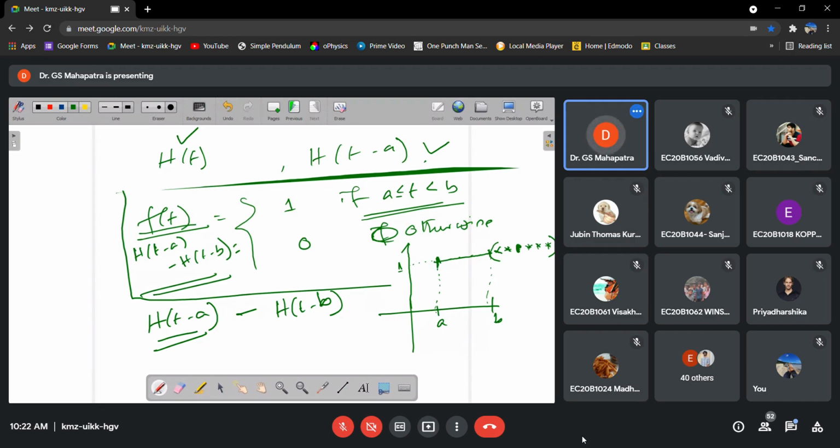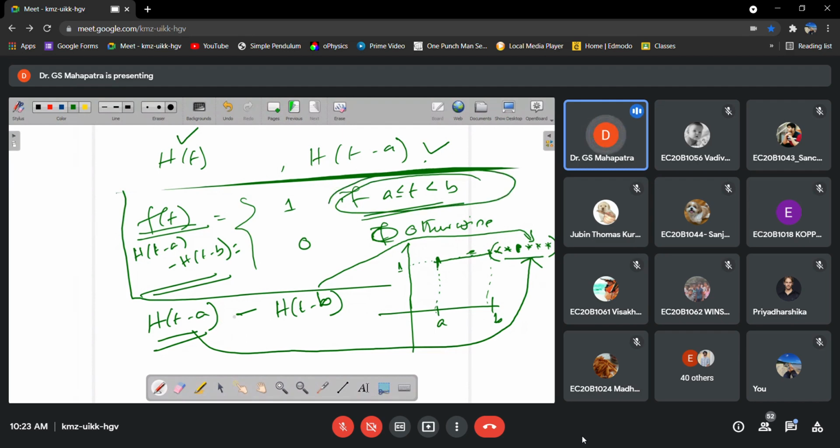If you write this one, this part also should be included. But this part is actually only this part, not this part. So that means this one is extra if you consider this problem. That's why we subtract h of t minus a, h of t minus b.